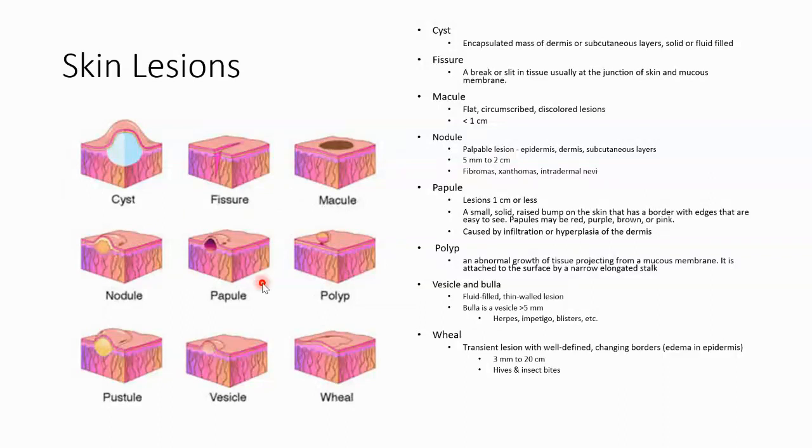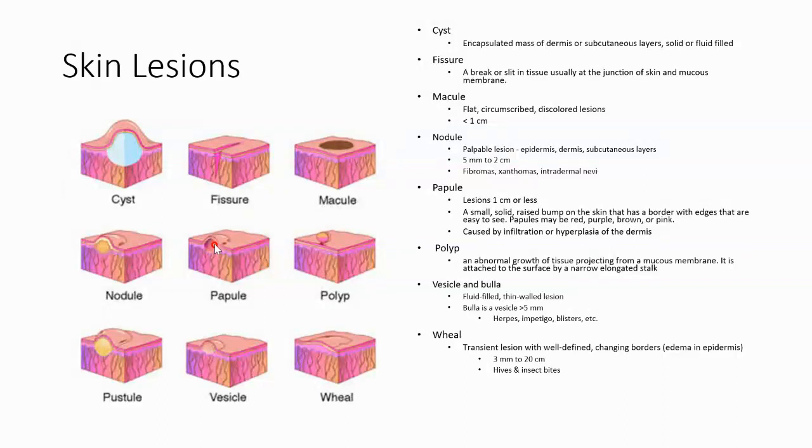A papule is raised. It is a small lesion, 1 centimeter or less, a small, solid, raised bump on the skin that has a border with edges and is easy to see. Papules could be red, purple, brown, or pink, caused by infiltration or hyperplasia of the dermis.